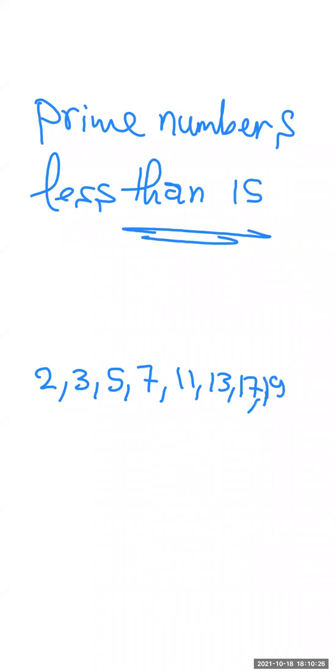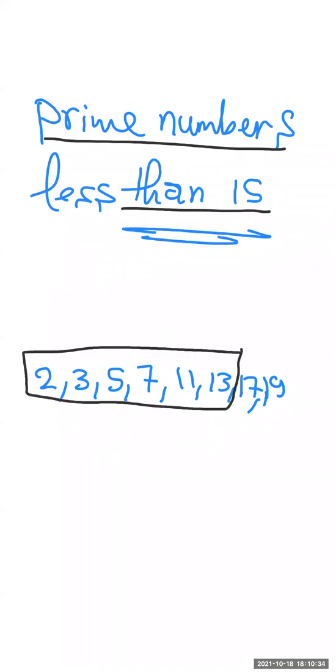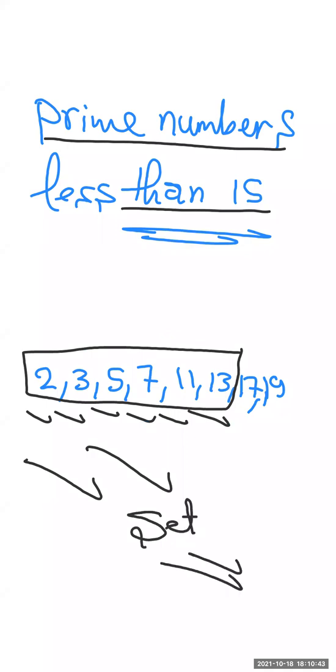So here we want to get the prime numbers less than 15. So of course, these numbers are a set: 2, 3, 5, 7, 11, 13. Clearly defined, well known, so it's a set, right? Okay, great.